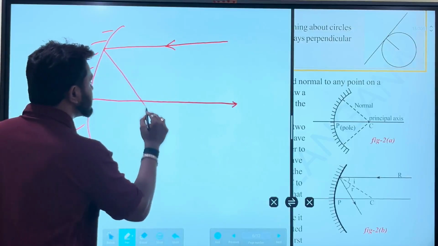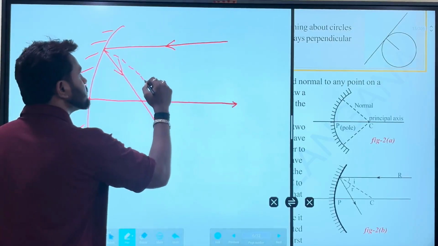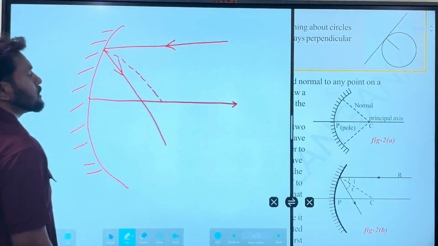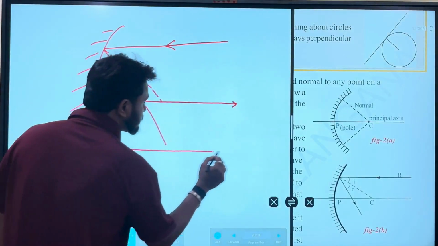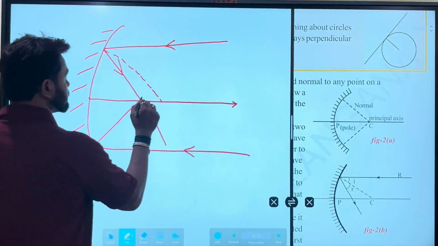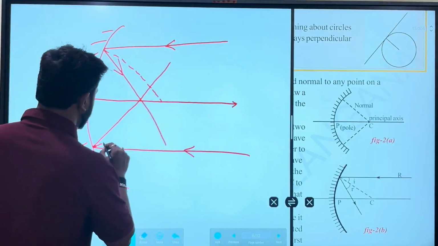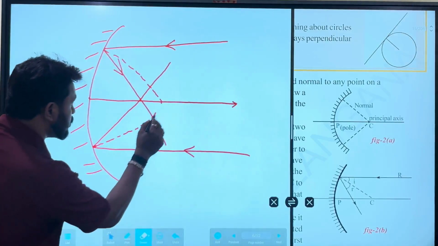This is a ray of light which is getting reflected. I am drawing the normal in a dotted form. Now I have one more ray of light from below, and I have drawn one more.